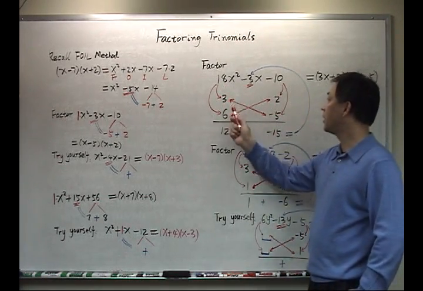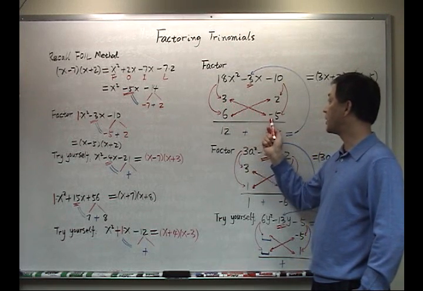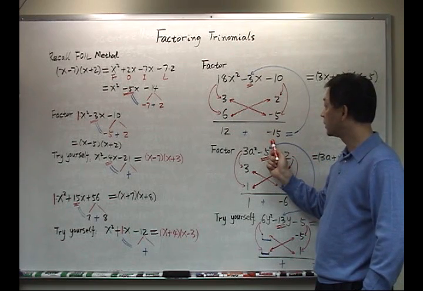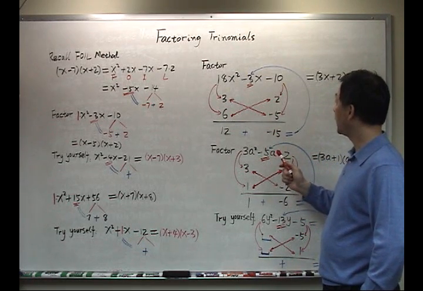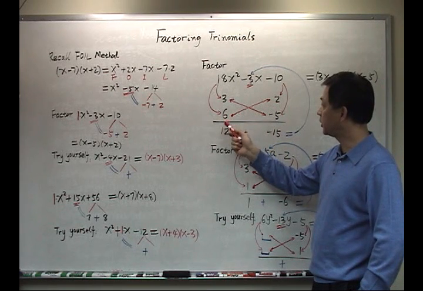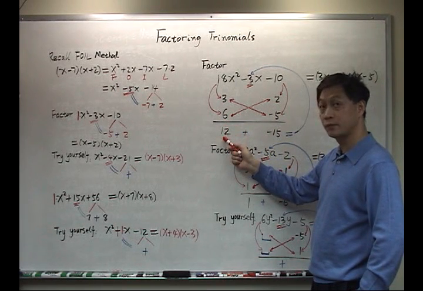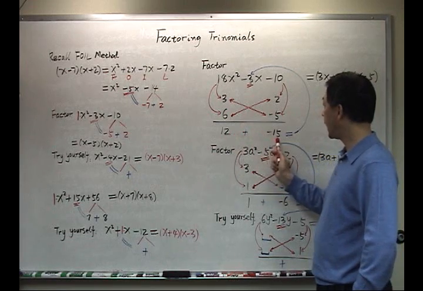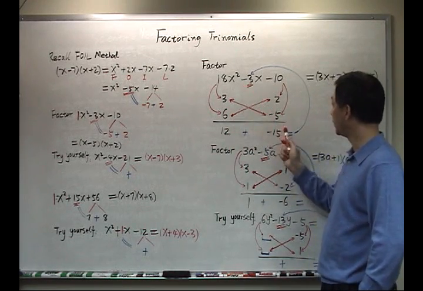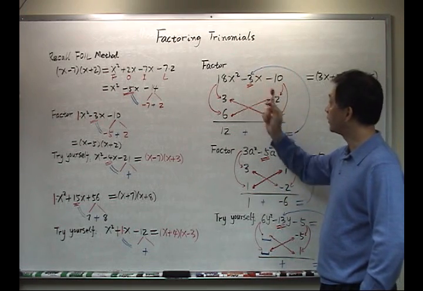If you break up in this way, 3 times negative 5 gives you negative 15. Okay? And then 2 times 6 gives you 12. You add those two, 12 plus negative 15 is negative 3. You see? It's negative 3.